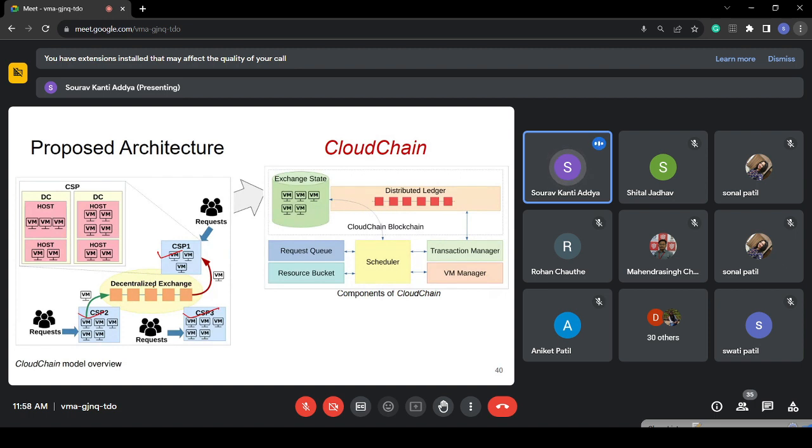If you zoom in, each service provider has a few components: a request queue, where the service requests are noted; a resource bucket, which holds whatever infrastructure resources we have; a scheduler to schedule requests; a VM manager who will place or initiate the VM; and a transaction manager, which calculates the transactions, cost, and everything. And finally, it will log into the distributed ledger, which has a local and a global copy too.